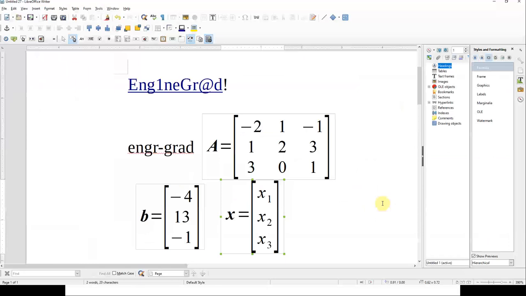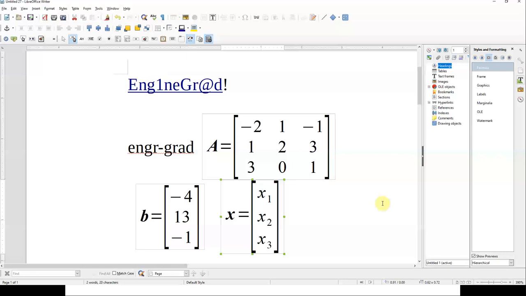Alright, so A11, A12, A13, A21, A31, A22, this is A. I'm going to use the matrix to write the equation.